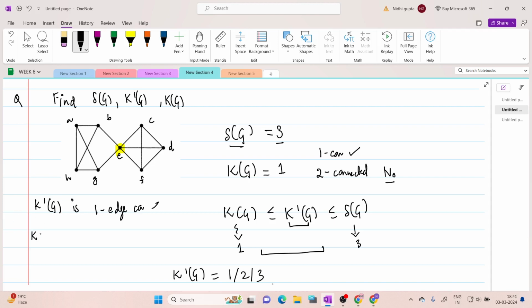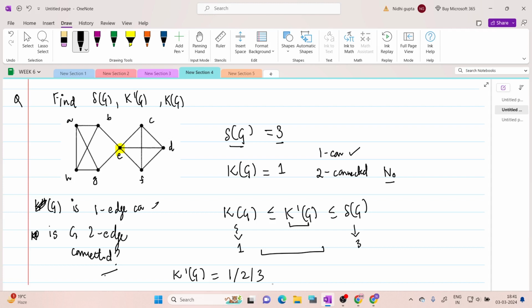What about 2? Is G two edge connected? What do you think? Yes. Why? By removing one edge, the graph is still connected.